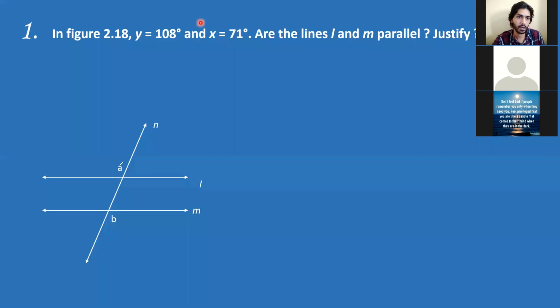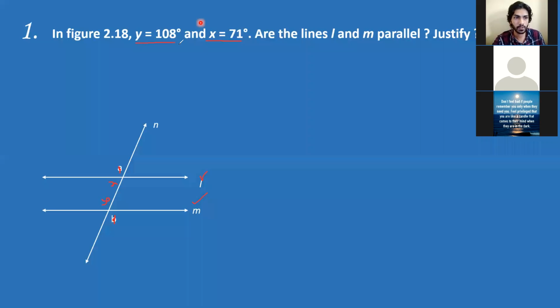Okay, folks. So just a minute. I forgot to save the PPT which I edited. So, not to have a lot of confusion, let's say this is angle X, and this is angle Y over here. So these are interior angles now. And we have to prove whether line L and line M are parallel. So can anyone tell me what I should do? It's pretty easy because we have this on the screen.